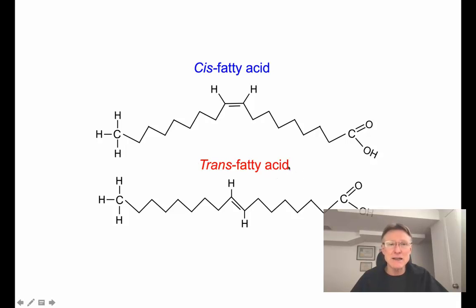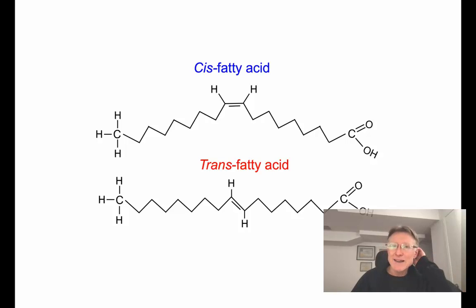Cis means the same side. Trans means the opposite side. And again, this linearizes the molecule, makes it straight, so you don't have that angle anymore that you had in the cis configuration of the molecule.